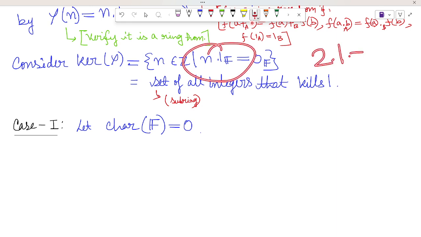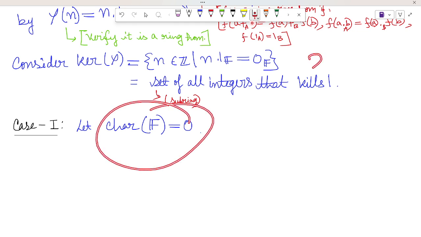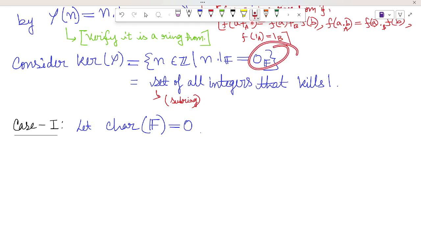You cannot say 2 times 1 is 0, otherwise the characteristic would be 2, or at least a smaller integer might work. But the characteristic is 0, and characteristic 0 means no positive integer other than 0 will kill 1.